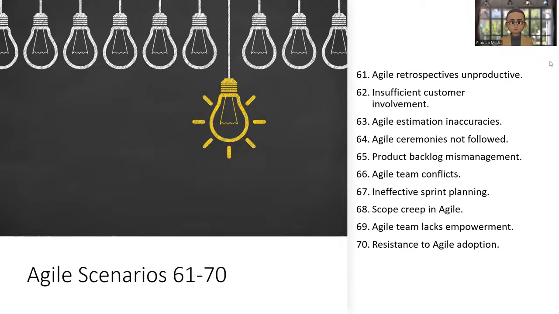What about if the Agile team lacks empowerment, or if there's resistance to Agile adoption in a business unit or in an entire firm or on a team? What do you do? Take some time out, my friends, and really give this some thought. Let's move on.